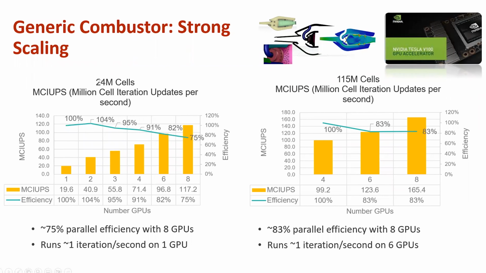Now, when you go from 24 million cells to 115 million cells, that scalability or that efficiency increases to 83%. So the more cells you have, the more the scalability will increase. I think this trend is also similar to using CPU cores in parallel. So by using that many GPU cores, you're getting very strong scaling, and you can leverage this to solve problems with a huge mesh count.